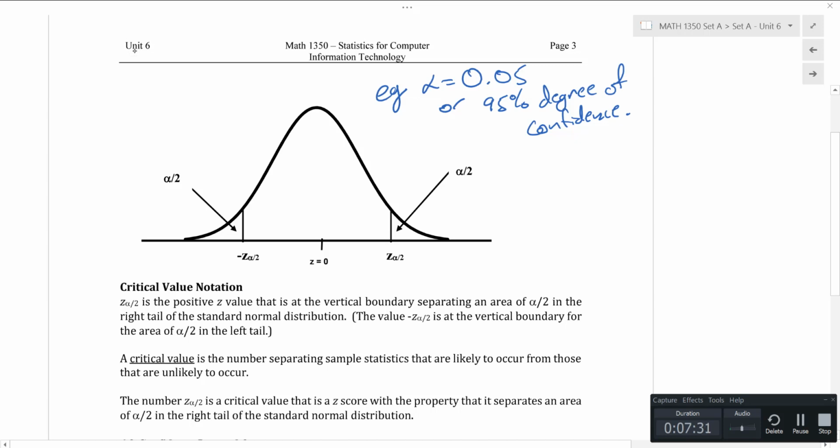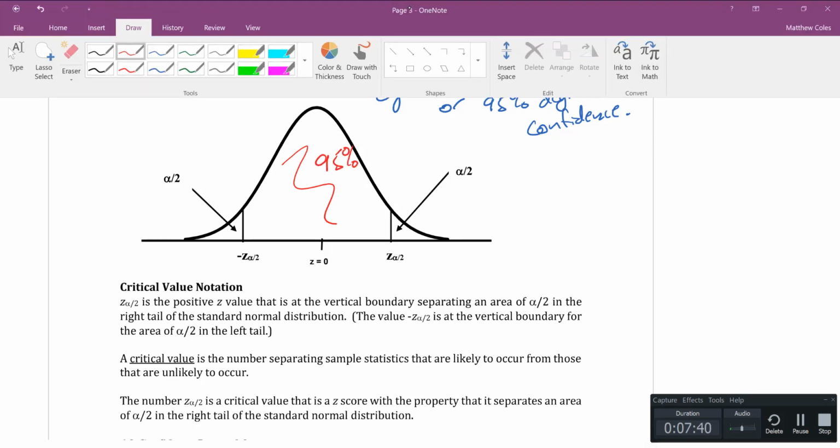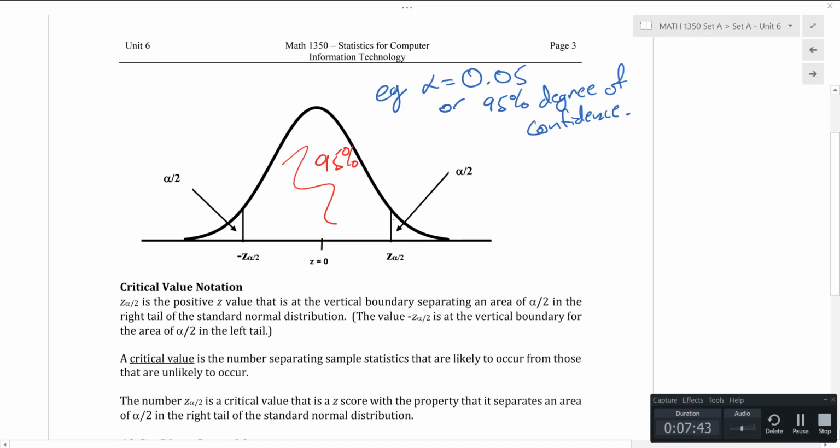So the idea is that we want our interval, or our range, to consist of 95% inside our range, with these regions outside constituting the other 5%. Since there are two tails, the 5% gets split in half, so we have 2.5% over here, and 2.5% over here.